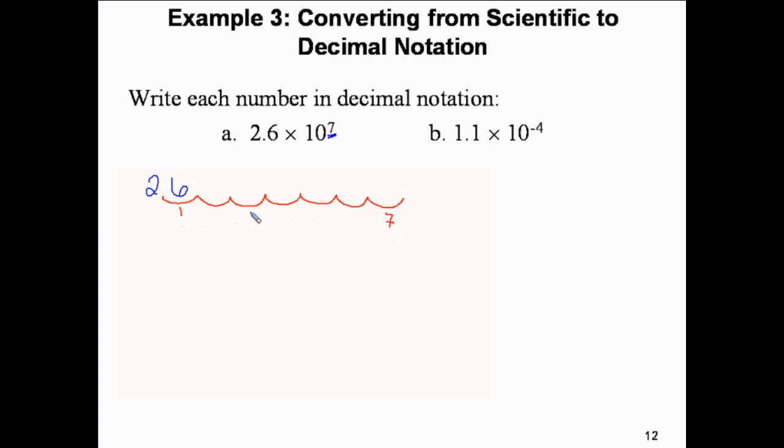That's how many places I move the decimal. And any blank spots get filled with zeros. So this is actually going to be that number. What's that? 26 million.